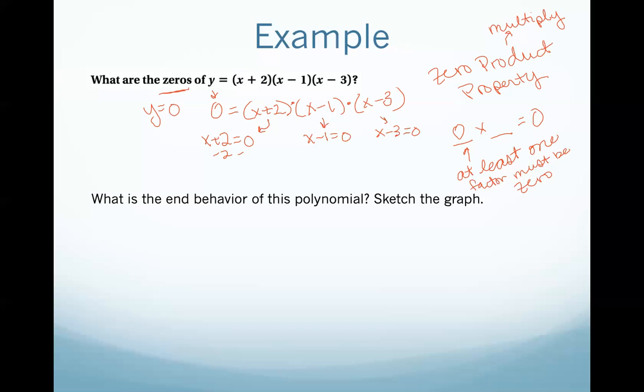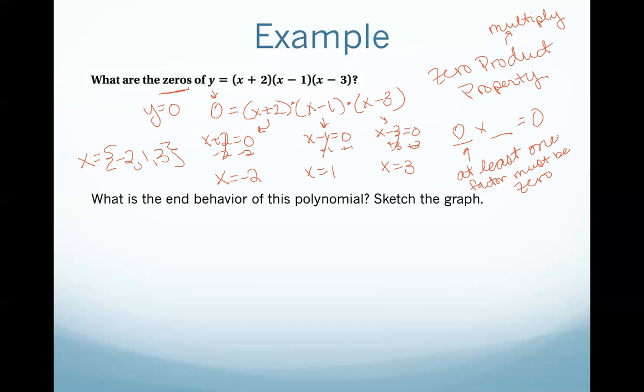Subtract 2 from both sides, x equals negative 2. Adding 1 to both sides, x equals 1. Add 3 to both sides, x equals 3. So I have 3 values of x that will give me a y value of 0. X can be negative 2, 1, or 3.